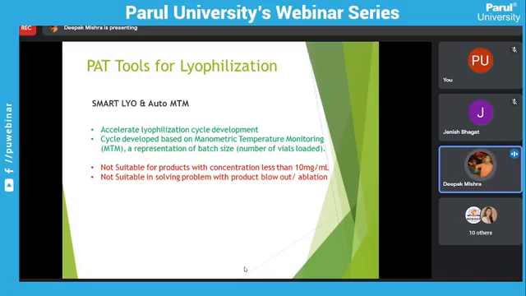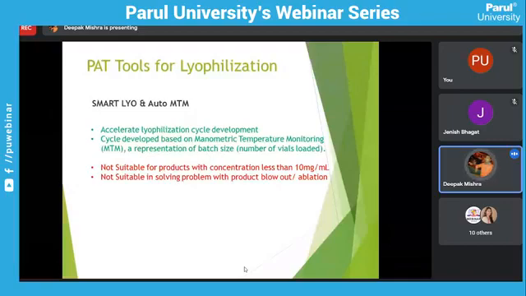This problem we can recover on the basis of some trials after Smart Lyo cycle development; we can reduce this. So these PAT tools are used in characterization and cycle development.